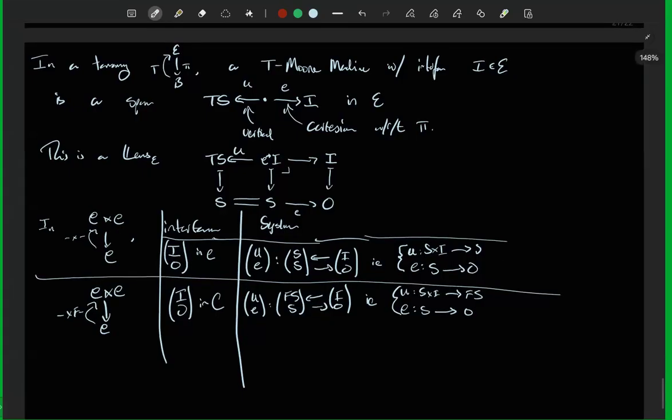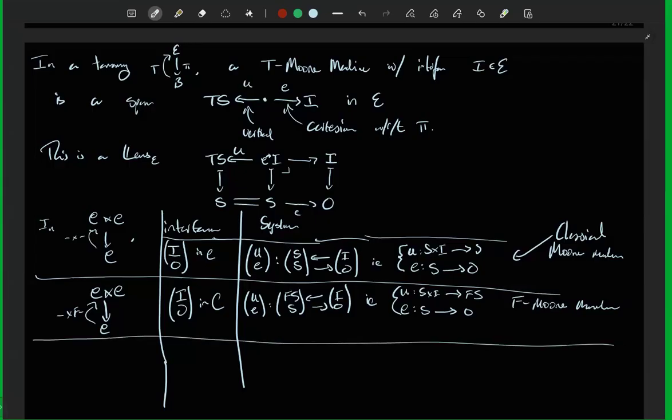So this is the classical Moore machine here, and this here is an F Moore machine, including non-deterministic or stochastic, depending on our choice of functor.